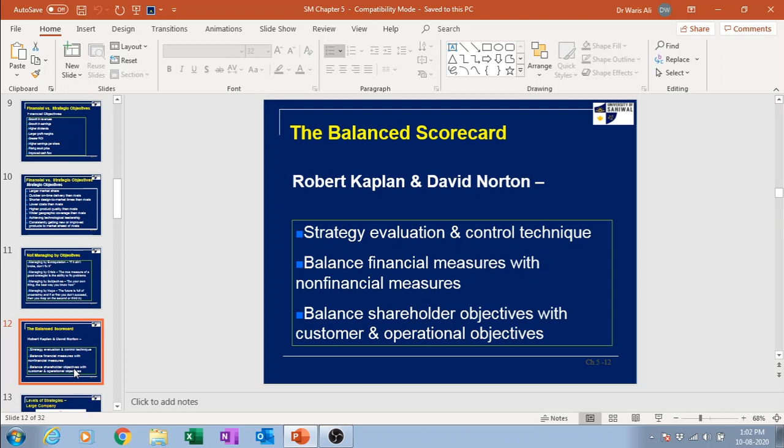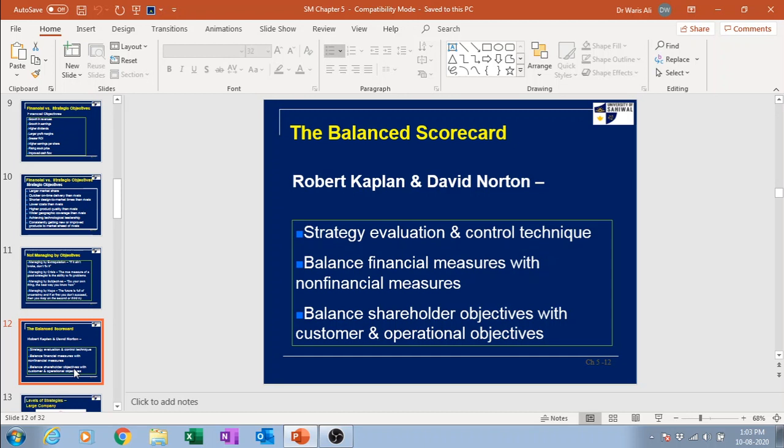Balanced scorecard. The balanced scorecard is basically used for strategy evaluation and control. It acts as a strategy evaluation and control technique. It creates a balance between financial measures and non-financial measures, or in other words, between financial objectives and non-financial objectives.